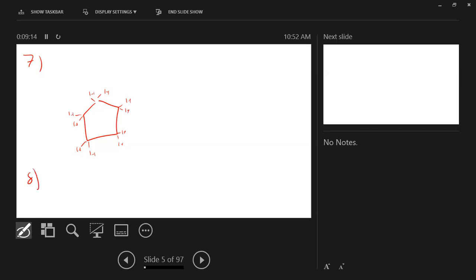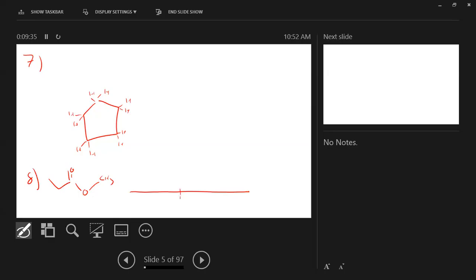Question 8, they give us this compound here. And they want us to kind of draw what we're going to see, and they give us some blanks so we don't have to guess.